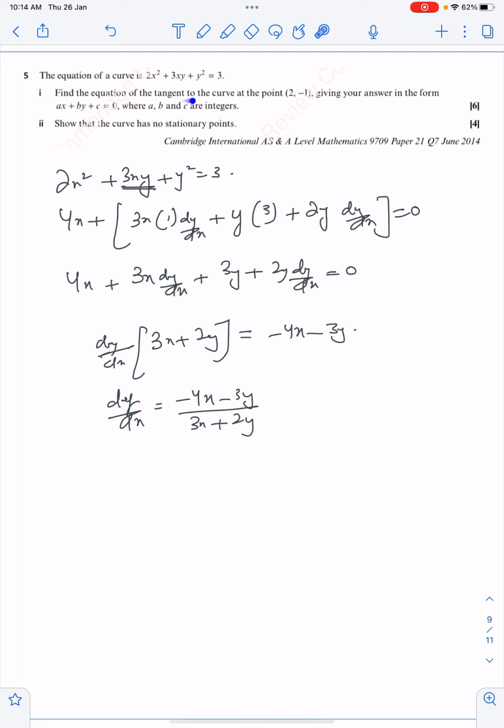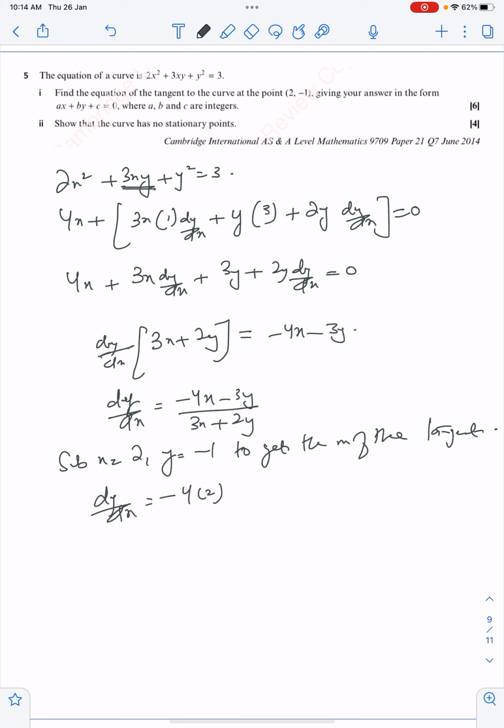Now I have to find the equation of the tangent to the curve at 2 comma negative 1. Substituting x equals 2 and y equals negative 1 to get the gradient of the tangent. So dy by dx equals minus 4 into 2 minus 3 into negative 1, upon 3 into 2 plus 2 into minus 1.